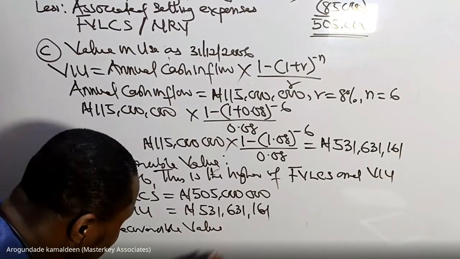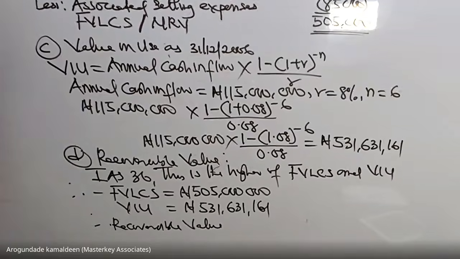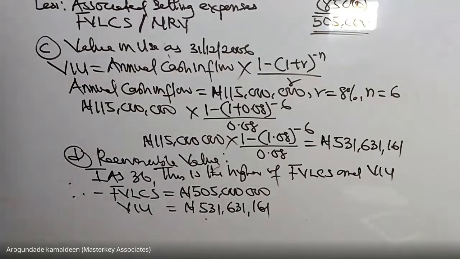So recoverable value, class, is what? 531,631,161, the value in use.